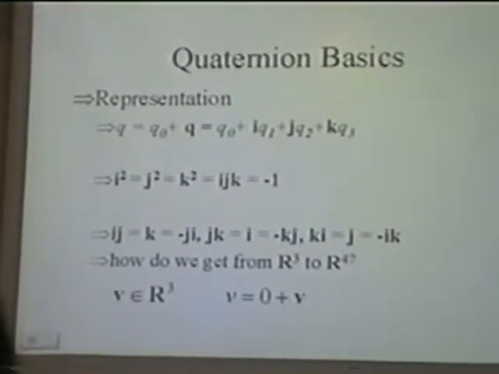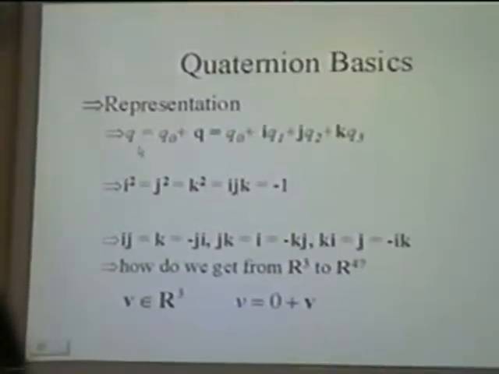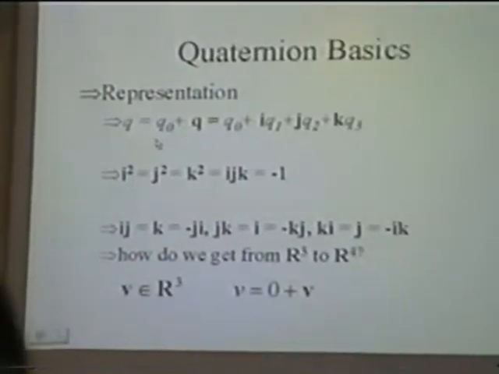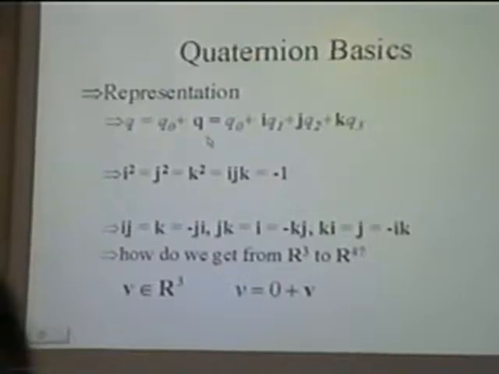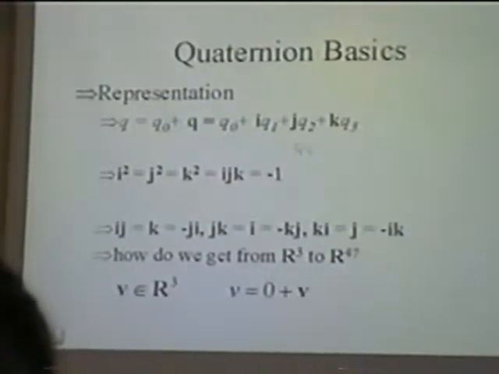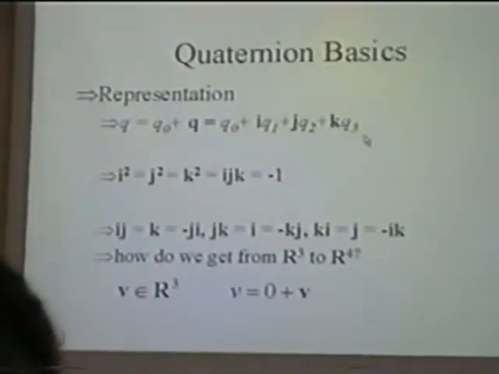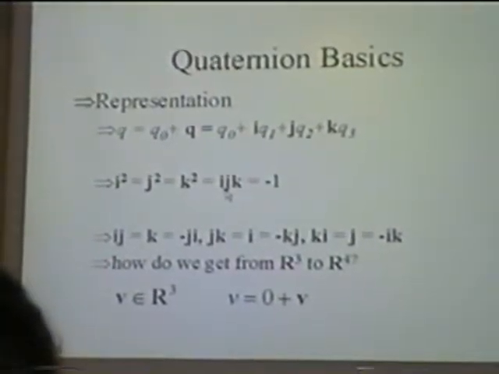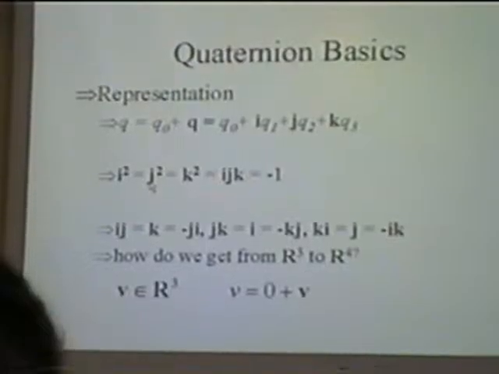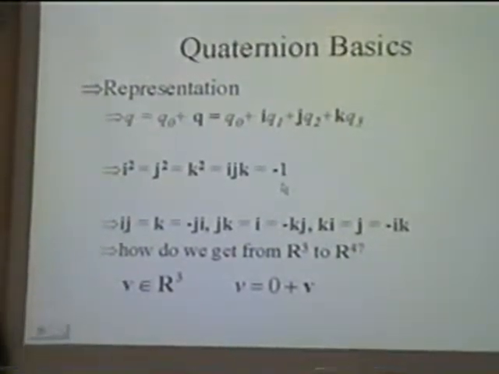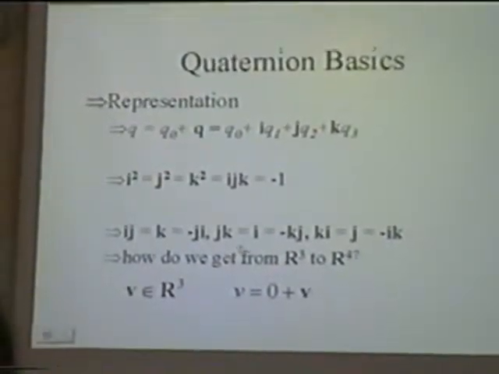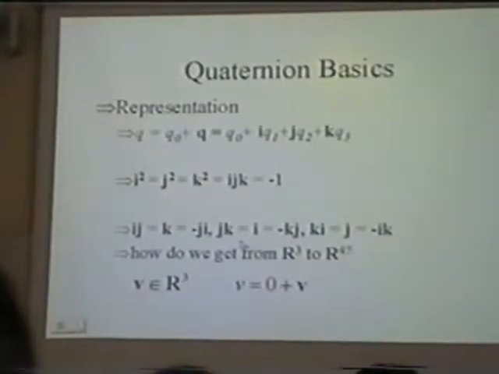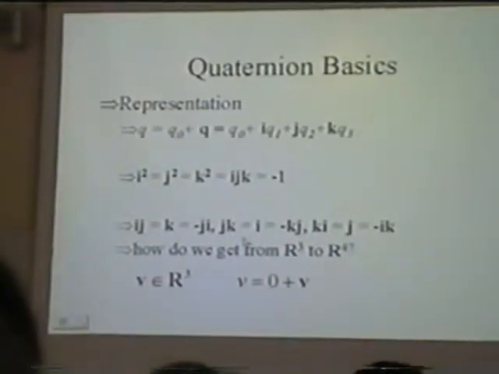A little background on quaternions. We represent the quaternion Q as the sum of a scalar and a vector, Q naught being the scalar and Q the vector, which basically equates to this, where I, J, and K are, we might say, the basis for this pseudo field structure that he came up with, where they have the property that you would expect. And here it just points out that it really isn't commutative.